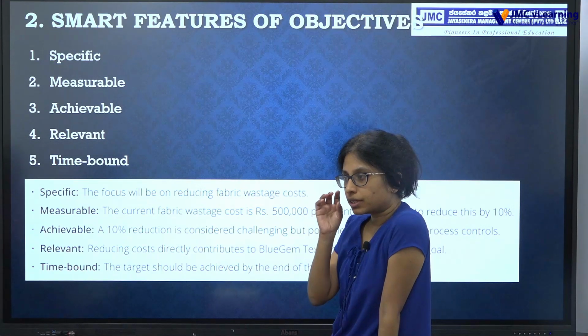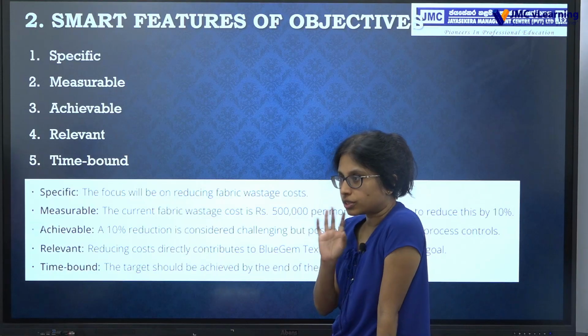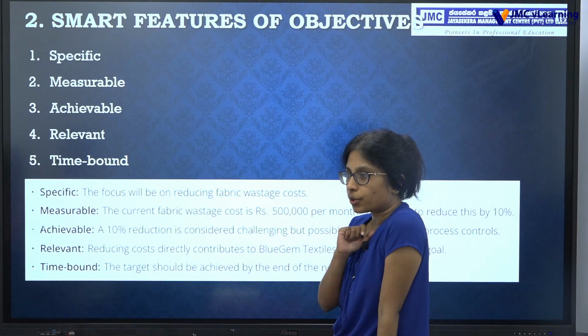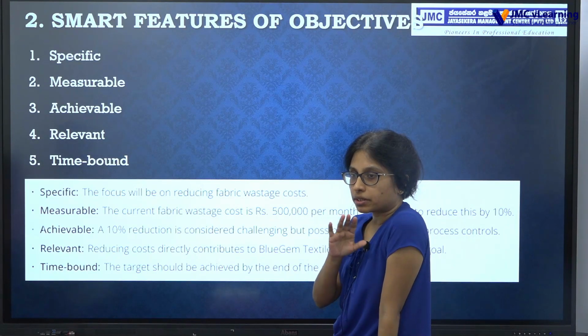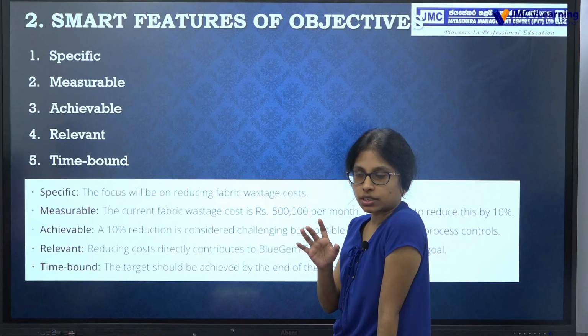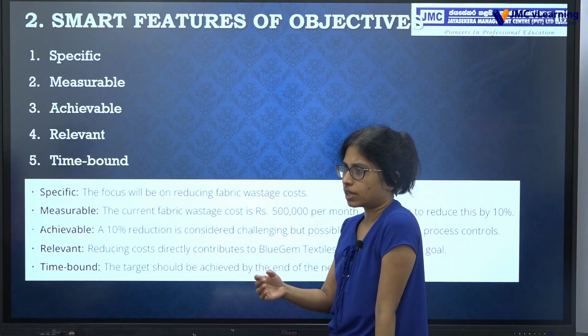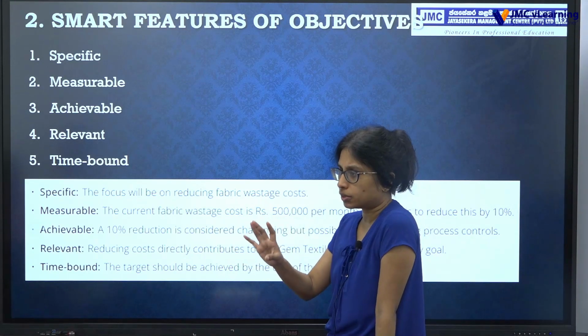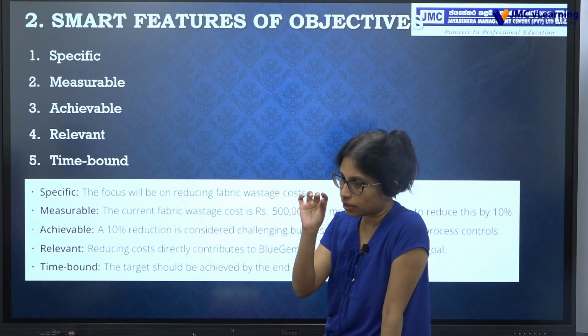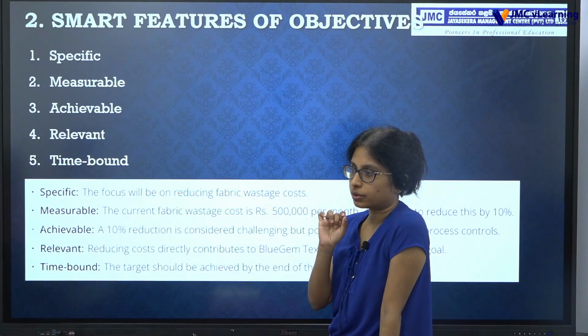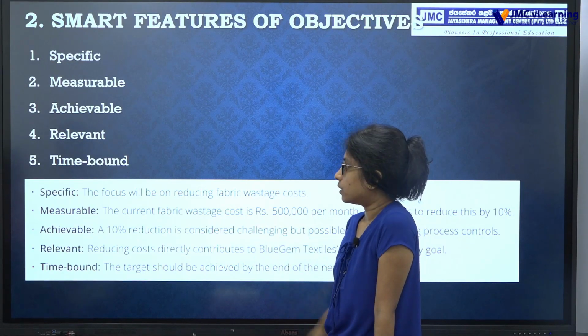You have to specifically tell them what we are going to achieve. It cannot be 2 or 3 things. It can't be wastage plus cost and customer satisfaction. Specifically one aspect.